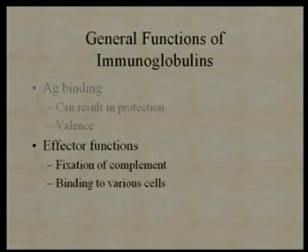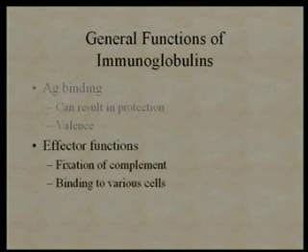So one of these effector functions is the ability to bind to other cells and then modulate the activity of these other cells. So the protection is a consequence of these effector functions. Either we have protection as a consequence of the antigen binding capacity, or protection results from one of these secondary effector functions of the immunoglobulins.